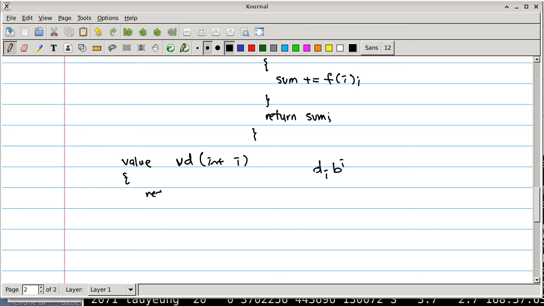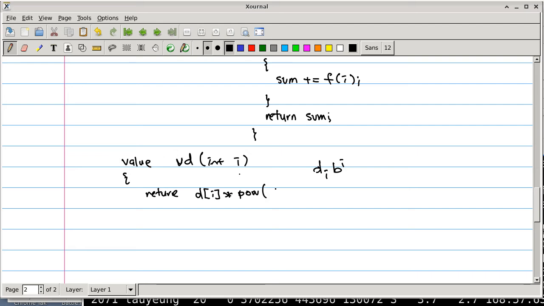So this is going to return, D is going to be an array, okay? So we're extracting the ith digit in a number, and then B is raised to the power of I. So we have, I think it's just power, or pow.